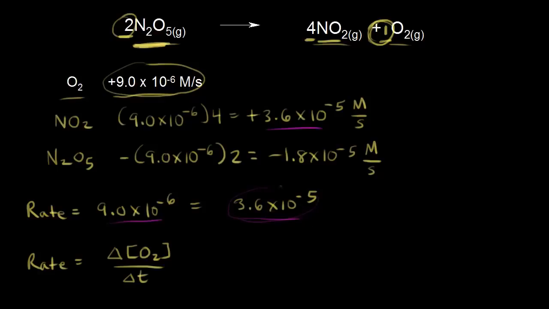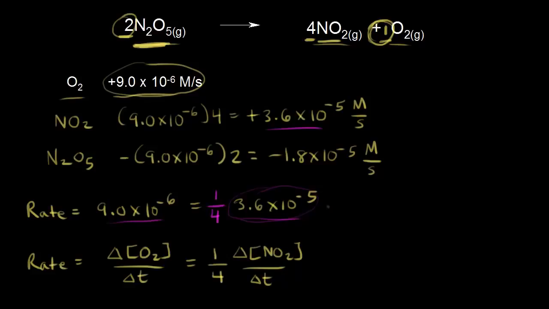Since this number is 4 times the number on the left, I need to multiply by 1/4. So down here, if we're talking about the change in the concentration of nitrogen dioxide over the change in time, to get the rate to be the same, we'd have to multiply this by 1/4.